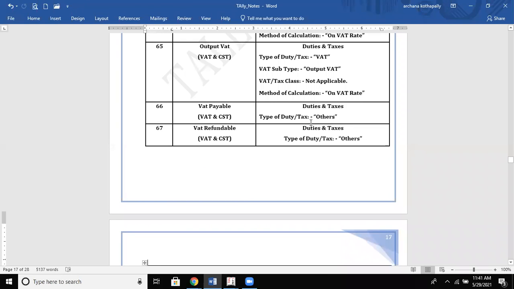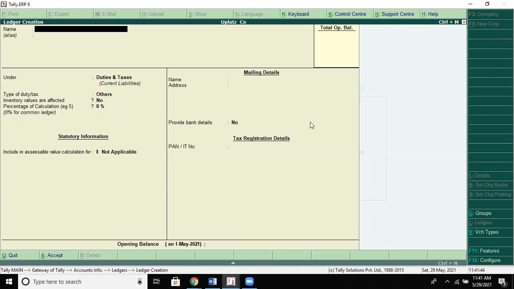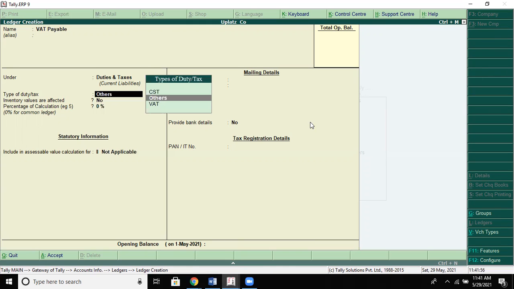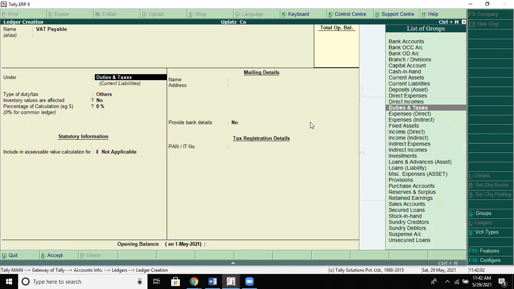Okay. Next, VAT payable. It is nothing but tax payable. So usually it will come under your duties and taxes itself. So VAT payable, duties and taxes.